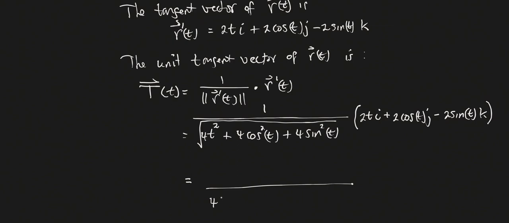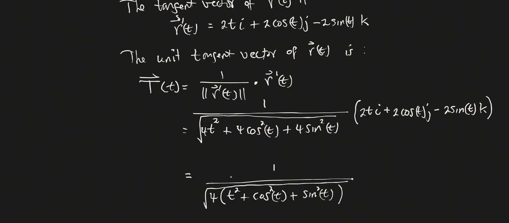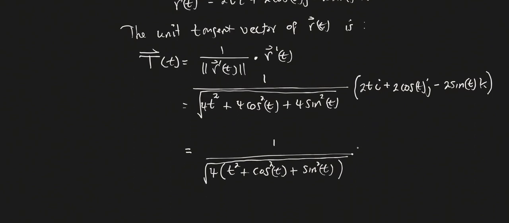So if I factor out the 4, I'll have t squared plus cosine squared t plus sine squared t. And again, the square root above everything, right? But now here's where we can simplify. And let me bring down my 2ti plus 2 cosine tj minus 2 sine of tk.